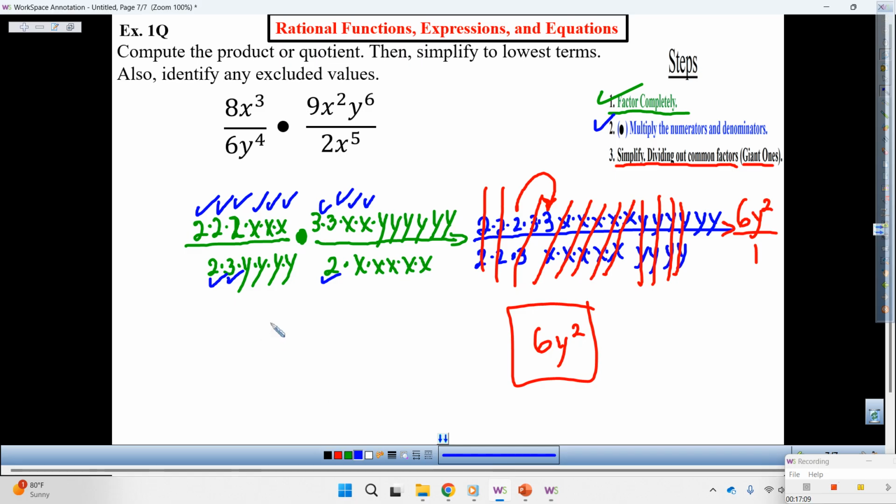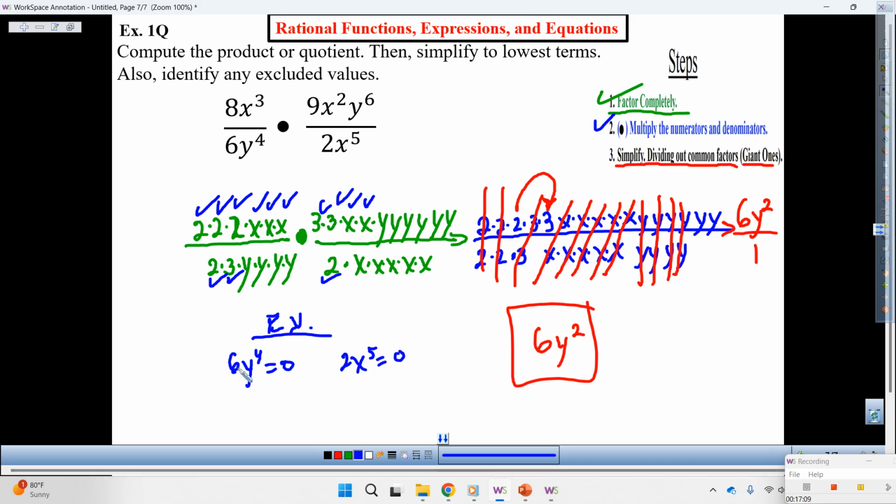Excluded values. Now, for addition, look up, please. We used to go with the last rational and use the denominator, right? For these, we have to go with the original denominator. So I would write what? 6y to the 4th equals 0, and 2x to the 5th equal to 0.